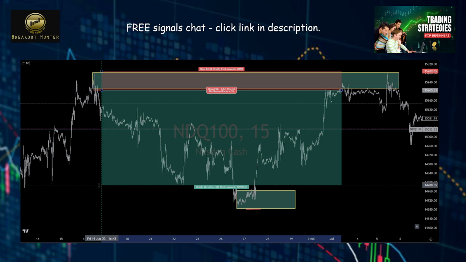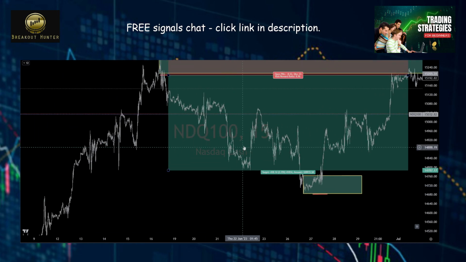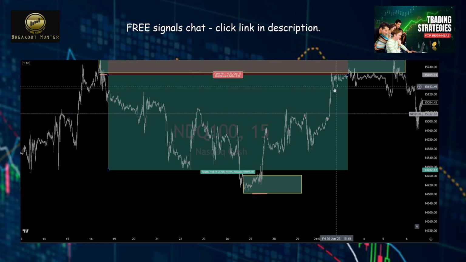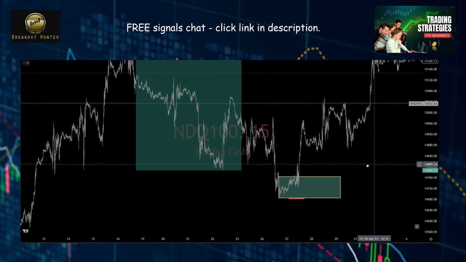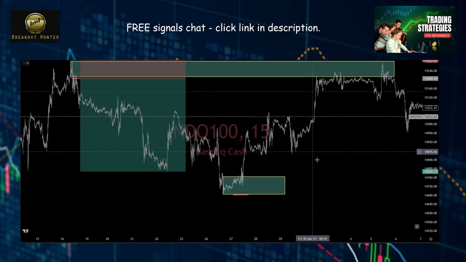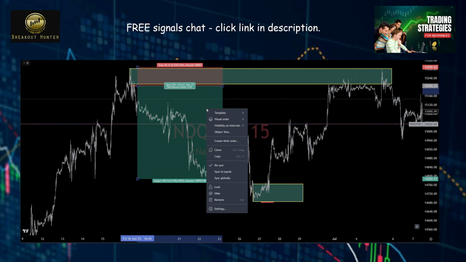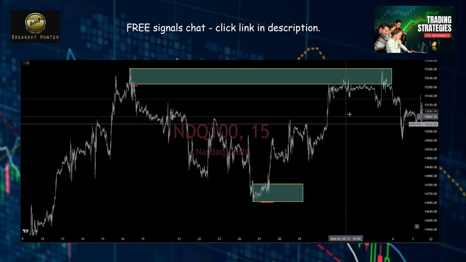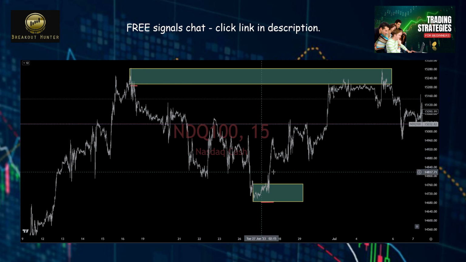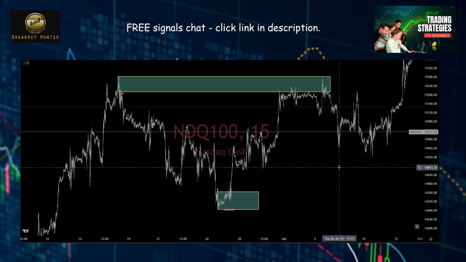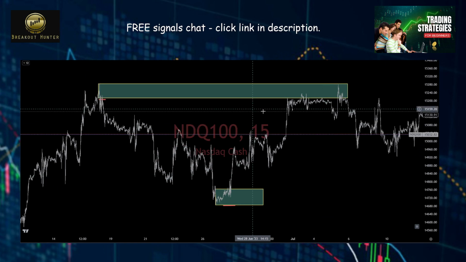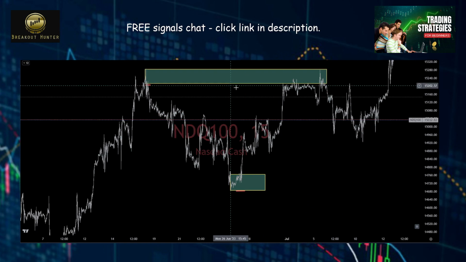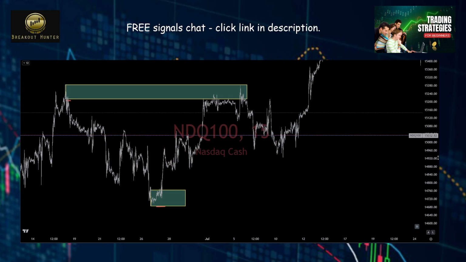Probably wouldn't get it all because I probably wouldn't notice it. So I'll probably get out about there, and let that run like that. So kind of swing trade it a little bit, and then find my entry here to come back up if I notice that a demand zone is coming up here. So you can trade the inner part of this to compound accounts better. So you have something to do every day, but you can do this with this pair and then go to the next pair and find your zones, create your alerts, and wait for them to form.